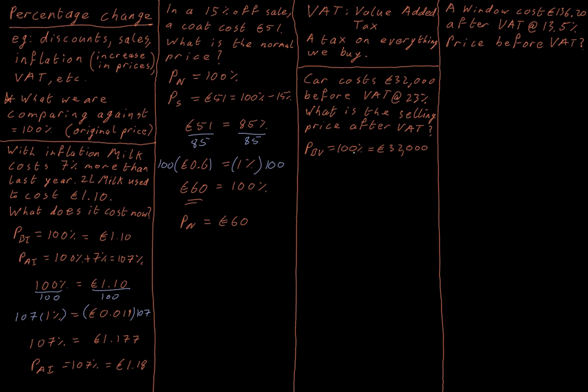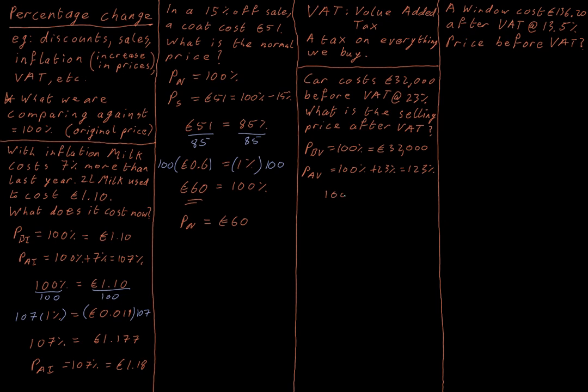So we know that our price before VAT, before this 23% modifies anything, is going to be our 32,000 as 100%. And we want to get the selling price after VAT. Well, the selling price after VAT, if we do our setup, is going to be the 100% for before VAT plus the 23%, which means it's going to be 123%. So we want to get from 100%, what we already know is the 32,000, up to 123%.